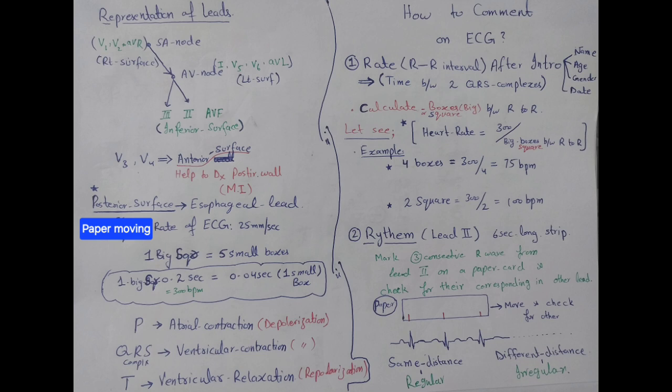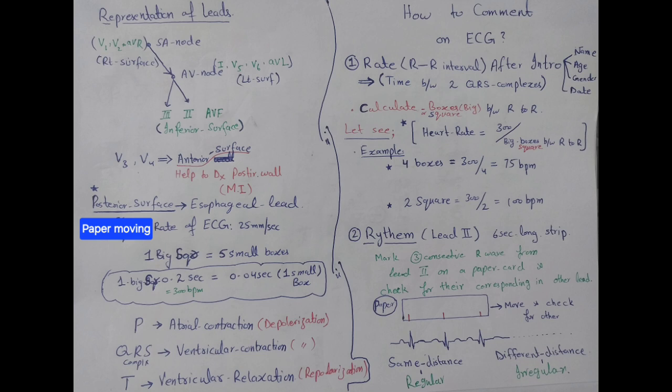When you see R waves from the QRS, we have the paper method. If someone gives you an ECG, take the ECG and take a white blank paper. Mark 3 consecutive R waves from lead 2 on a paper card and check for their corresponding waves in other leads. As the picture below shows, there is the ECG and the upper is the paper, marked with red color for the R waves.